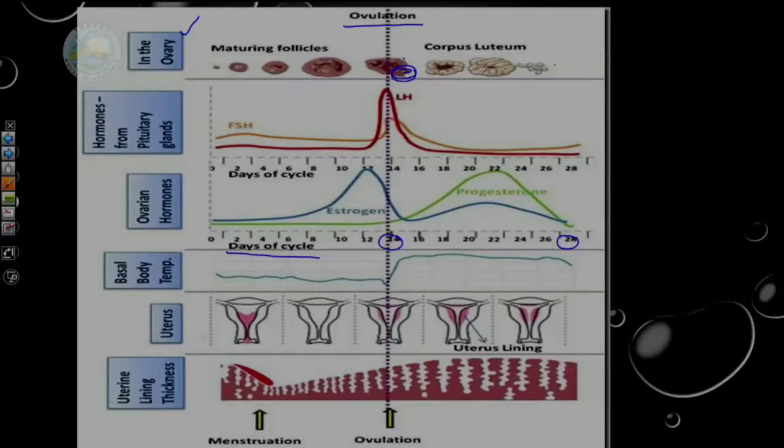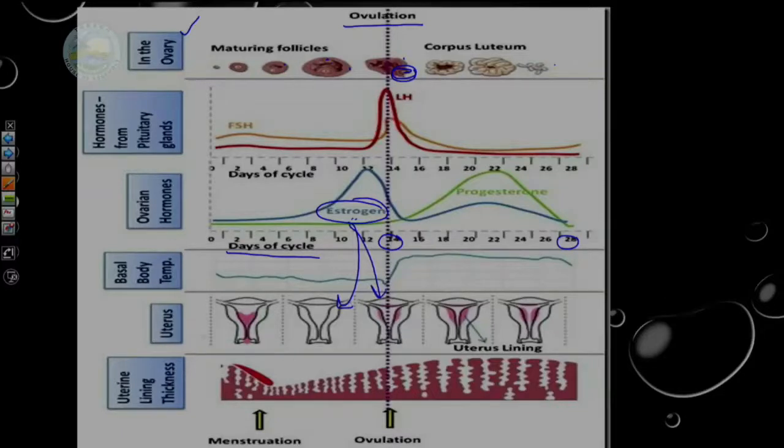The maturing follicle is responsible for the secretion of the hormone estrogen. So as the follicle gets bigger and bigger, we have, of course, more estrogen being released. This estrogen is responsible for the buildup of the lining in the uterus.